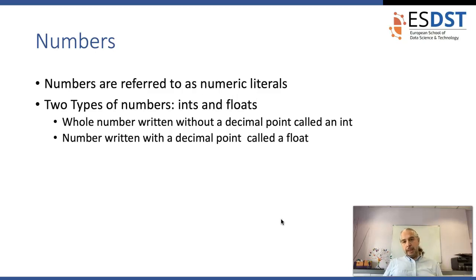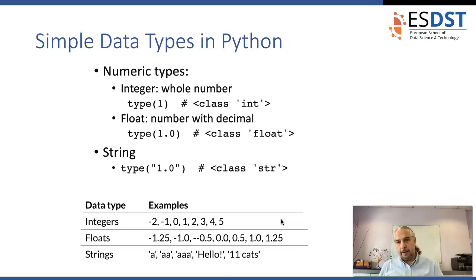A number written with a decimal point is called a float. So you can see here the numeric data types. If you use the built-in function type, and you say print the type of 1, you will see class int. And if I say print the type of 1.0, you will see class float.